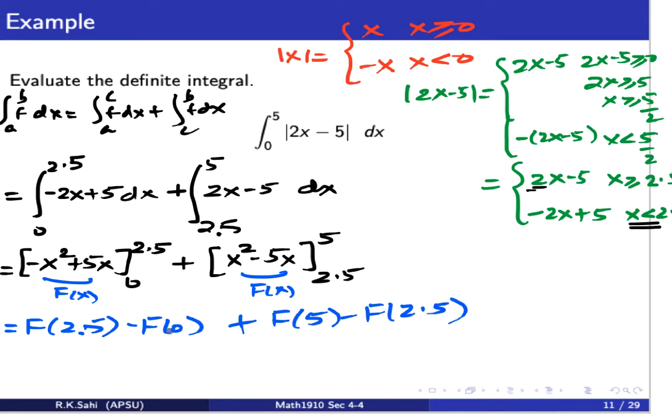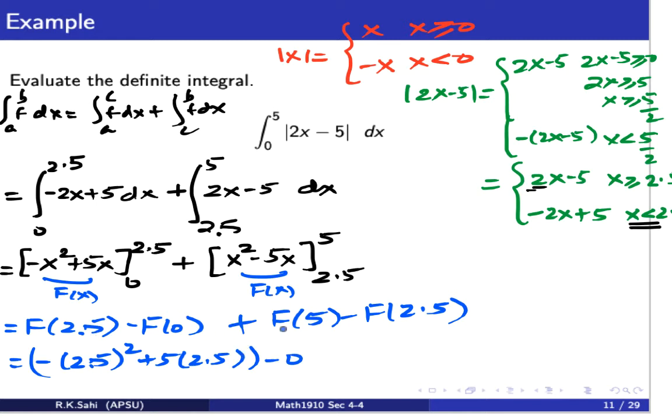Now when you plug in 0, notice all the terms have x's, so that will be 0. So what is F of 2.5? It's going to be negative 2.5 squared plus 5 times 2.5. And the next term is already 0, minus 0.